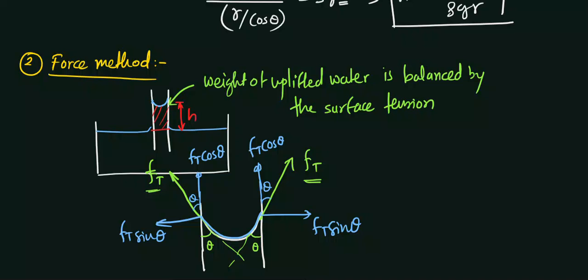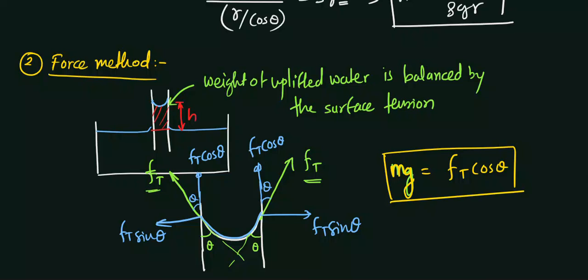Here whatever the mg weight of this is, it is balanced by Ft cos theta. Now here one misconception is there. Many students will think, sir, why only Ft cos theta?